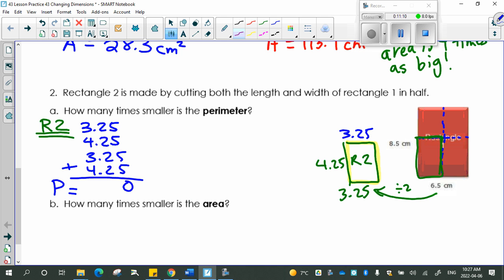So it's going to be 20, 10, 15. So the perimeter is 15 centimeters. Rectangle 1, we add up all 4 sides, and they were given to us.